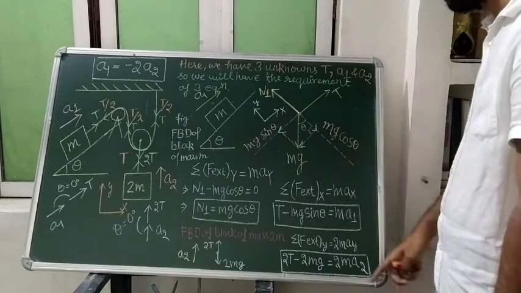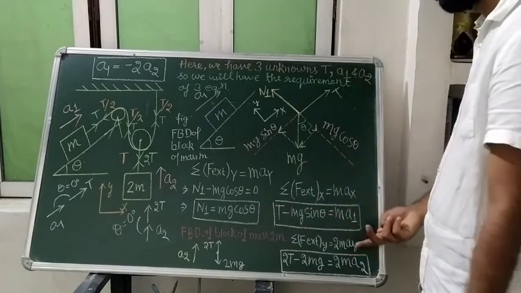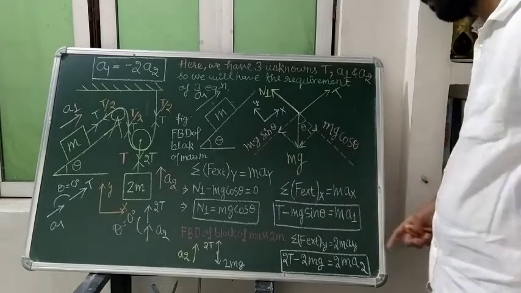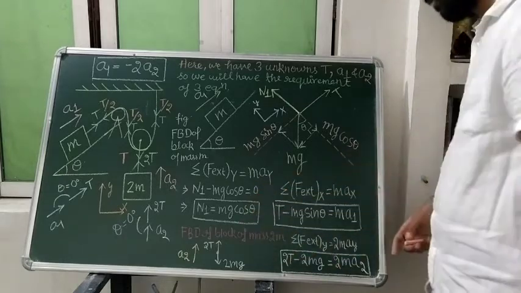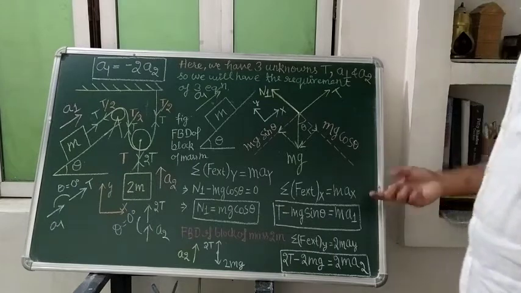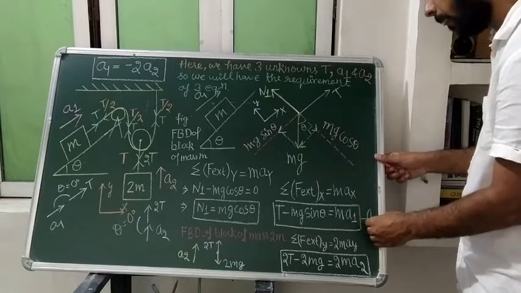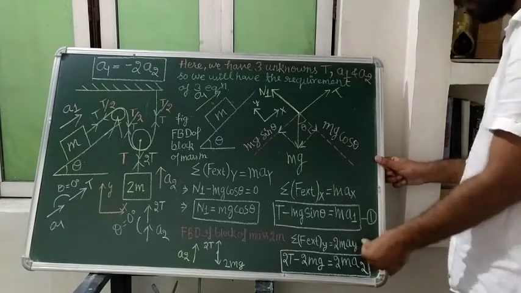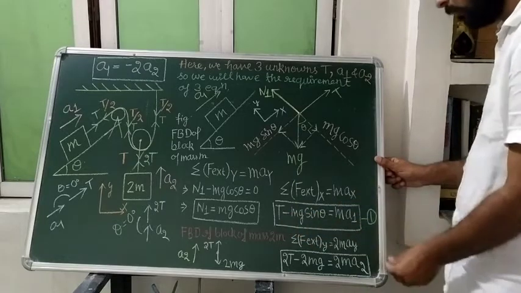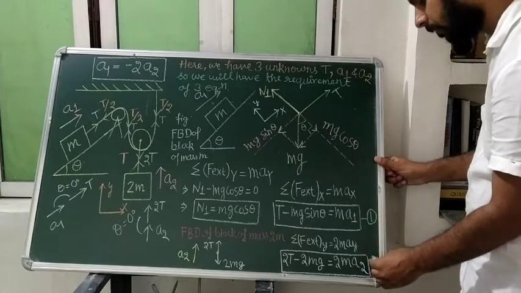So for the first equation, the forces in that direction will get balanced. It is not going to come into the picture, as no acceleration is present in that direction. These are the balanced forces. So from the free body diagram of the block of mass M, we will get the first equation. And from the free body diagram of the block of mass 2m, we will get the second equation.